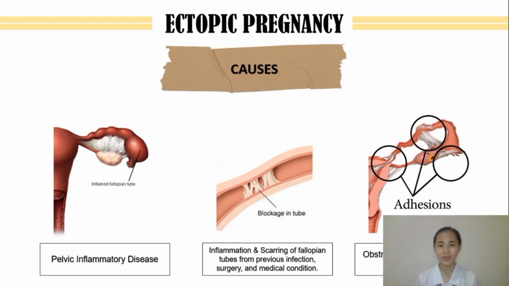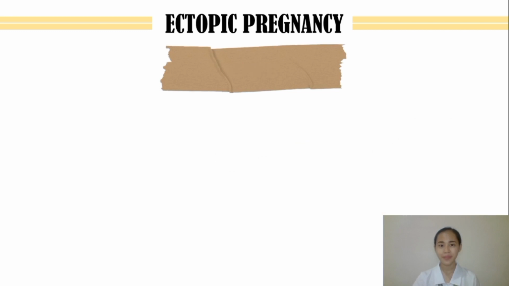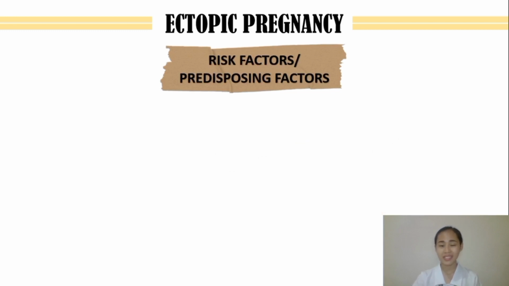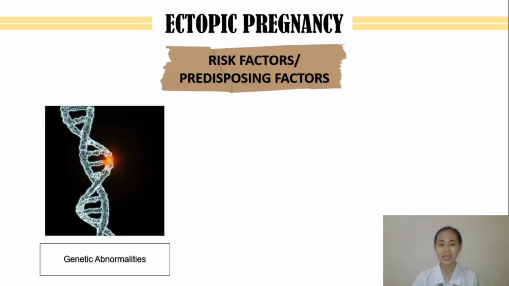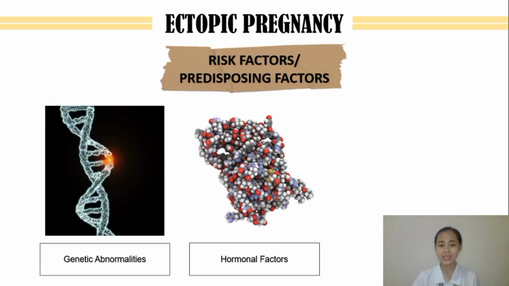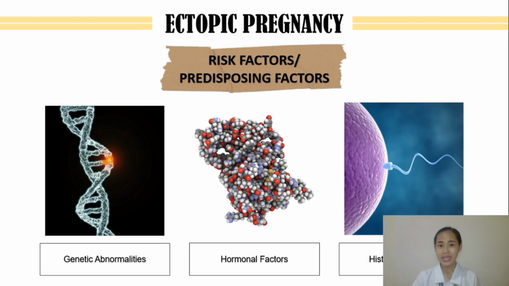Now, these three create a blockage in the fallopian tube so that the zygote cannot travel through the tube. Thus, it lodges in a strictured area and implants there instead of in the uterus. The risk factors or predisposing factors of ectopic pregnancy are genetic abnormalities, hormonal factors, and history of infertility.